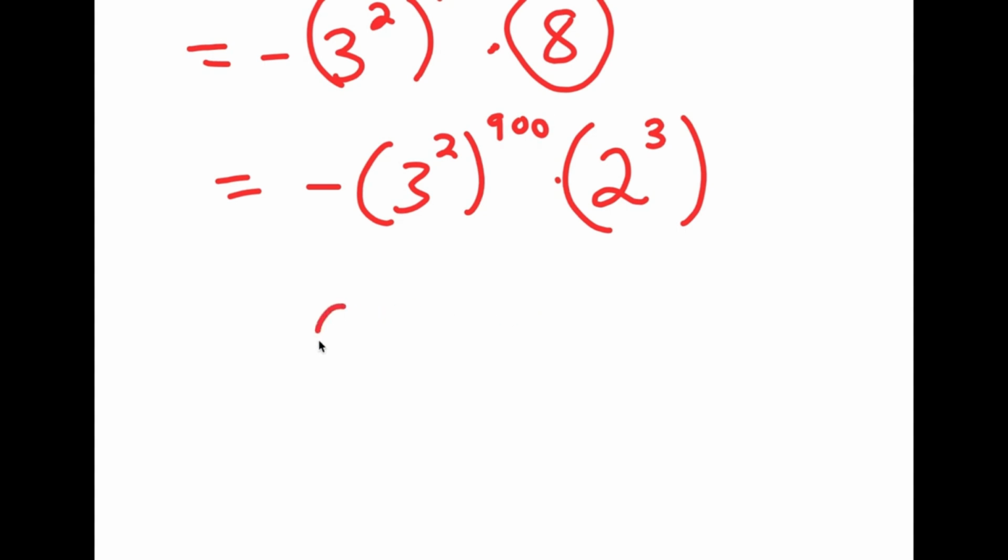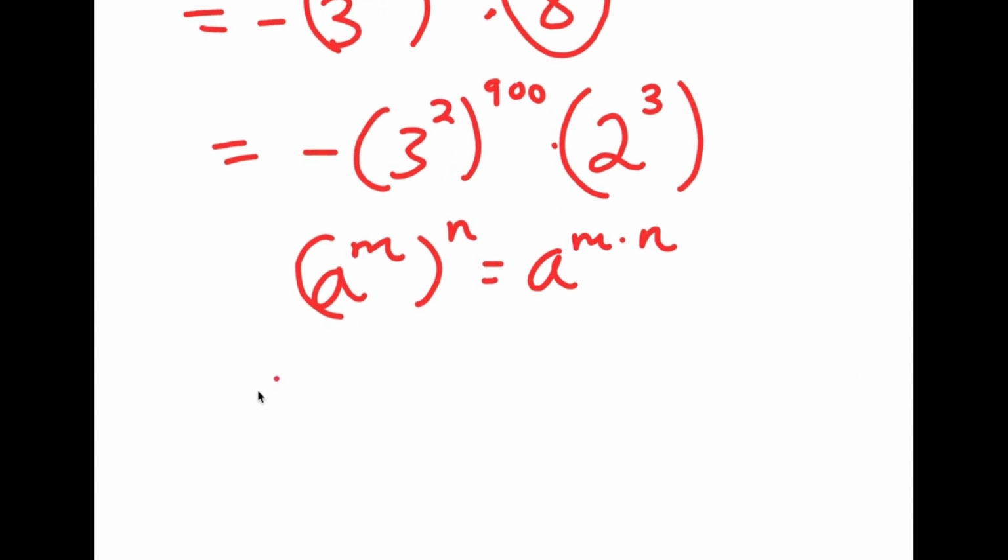And now remember, if I have something in the form a to the power of m to the power of n, this is equal to a to the power of m times n. So this can equal negative 3 to the power of 2 times 900, and now I have this times 2 to the power of 3.